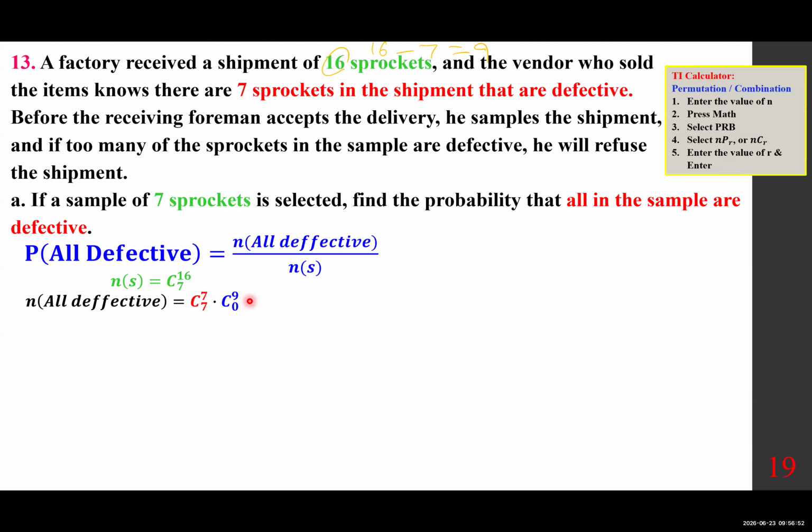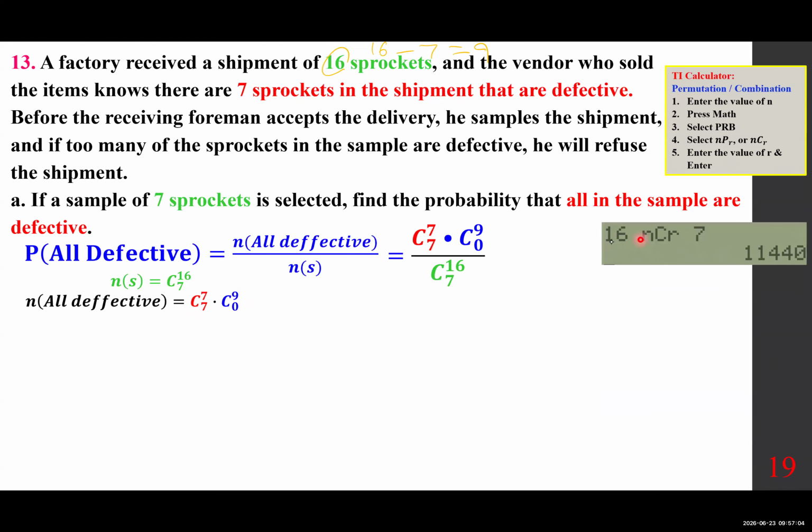But the reason I like to write this is because if in case you wanted 6 and 1 from here, just for the sake of argument, then this would be 6, this would be 1. You put it into a calculator, and this is 1, so is this. So you do the denominator and 1 over the denominator, 11,440.